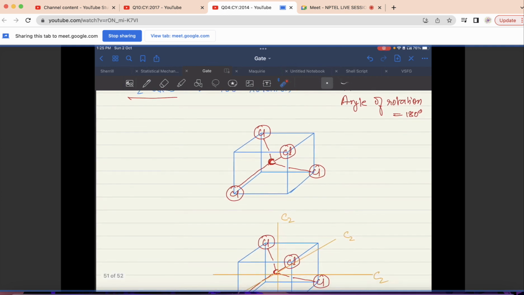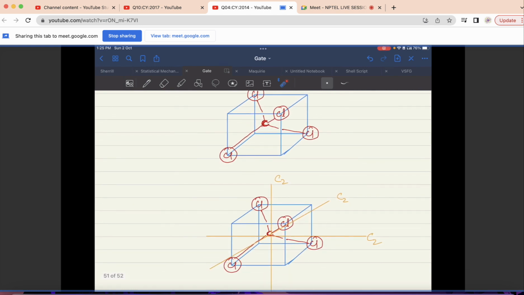So if I am doing the C2 operation or C2 rotational axis, it should be a 180 degree rotation. Okay, so this is one axis of rotation here. If I rotate by 180 degrees, my structure will be such that after rotation, this Cl will be here, correct? This Cl will move here, and again this Cl will move to the position here, and this Cl to here.